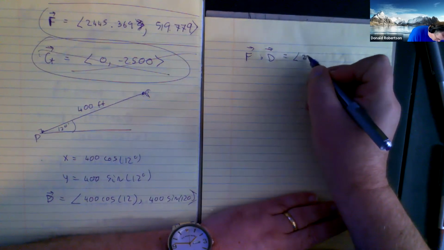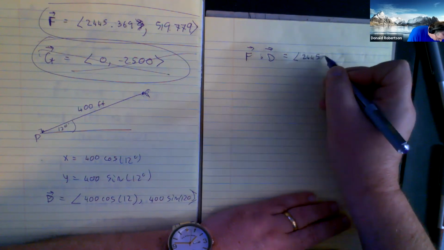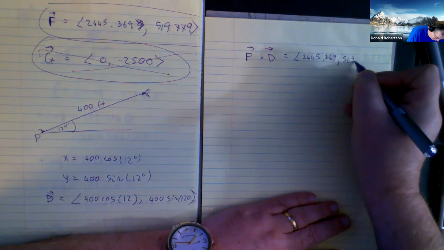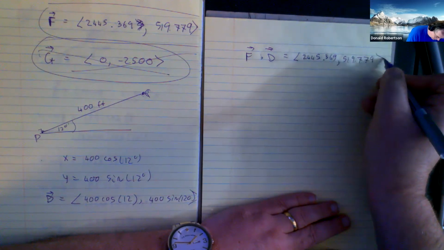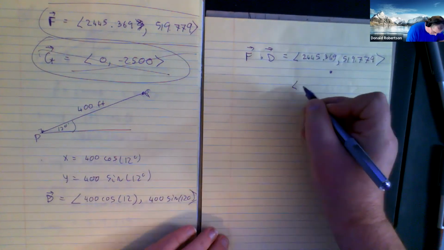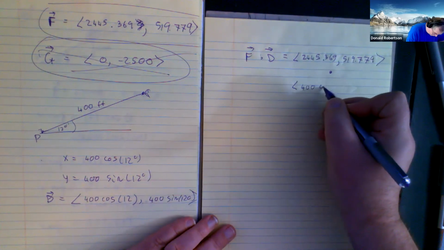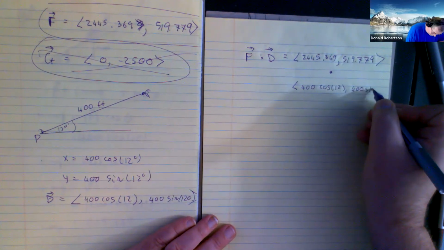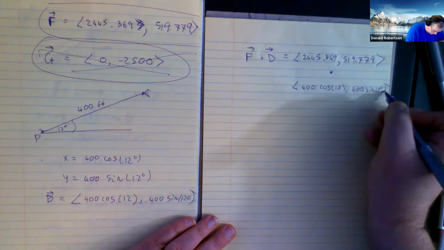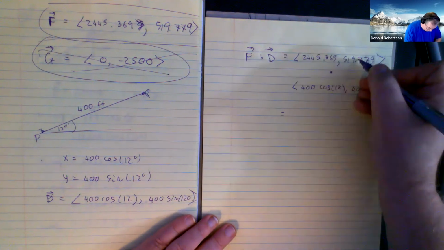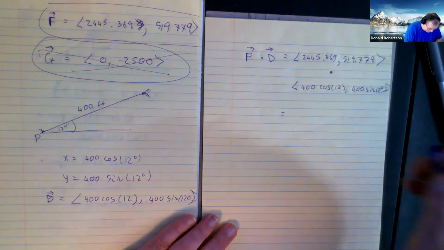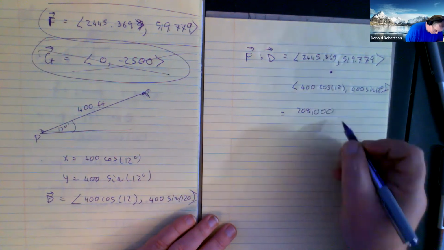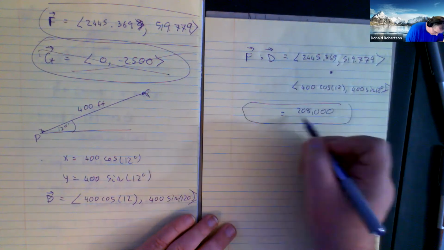So I'm going to take 2445.369, 519.779, and do a dot product with 400 cosine of 12 and 400 sine of 12. And multiply, add them all up, and you're going to take their answer to the nearest 1,000.